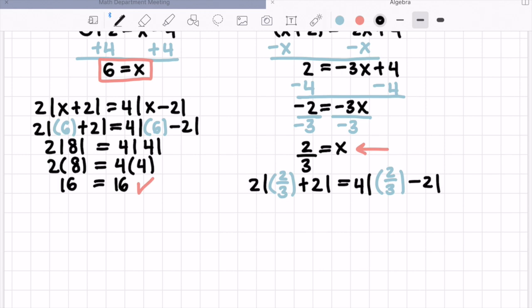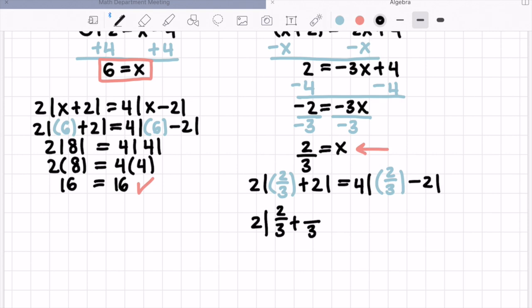So the next step is to solve for whatever is inside here. Now because I have fractions, it's going to be a little bit more difficult. I'm going to start off by dropping down my number, and I'm left with 2 divided by 3 plus, and I want to have the same denominator. So if I want the same denominator, I need to have 3.